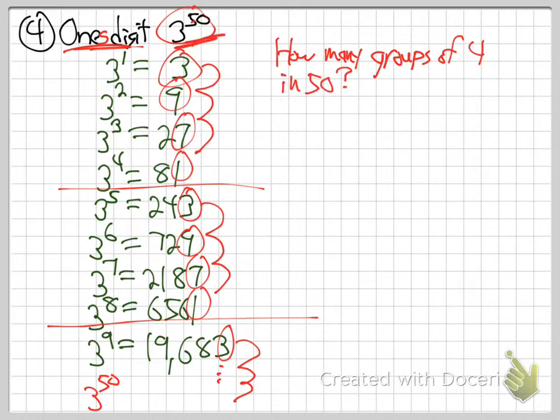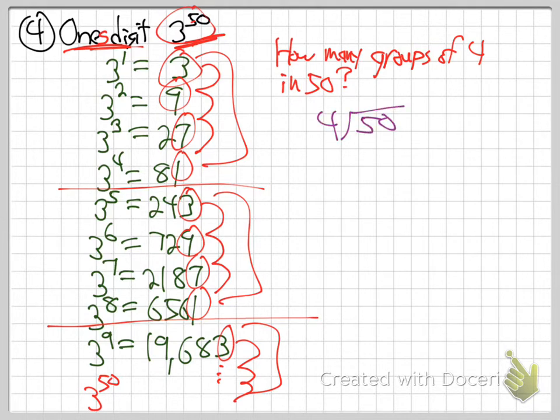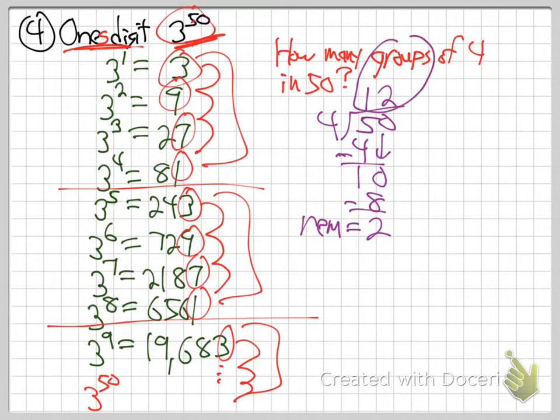We can figure that out by dividing. 4 goes into 50 one time, 1, bring down the 0. 4 goes into 10 two times, 8. There's the remainder of 2. So there's 12 groups of 4 in 50, because 12 times 4 is 48, right?